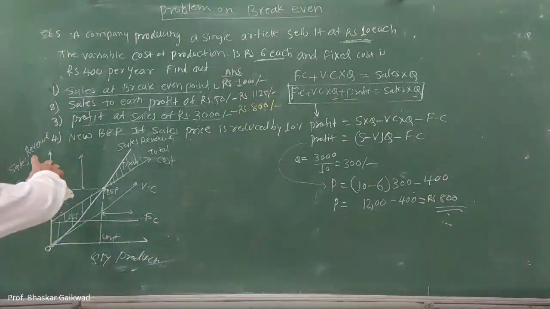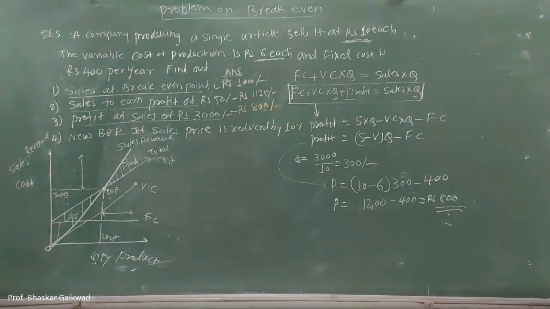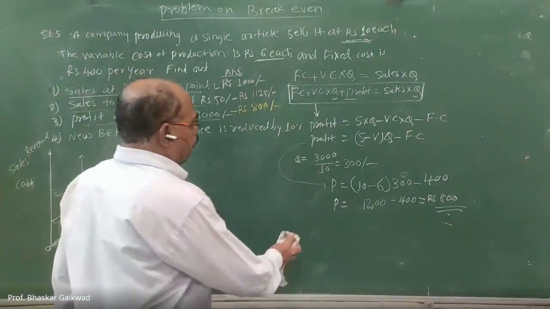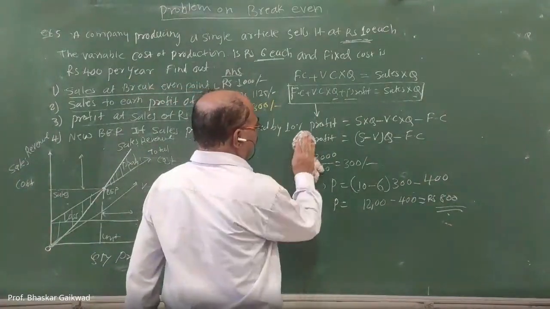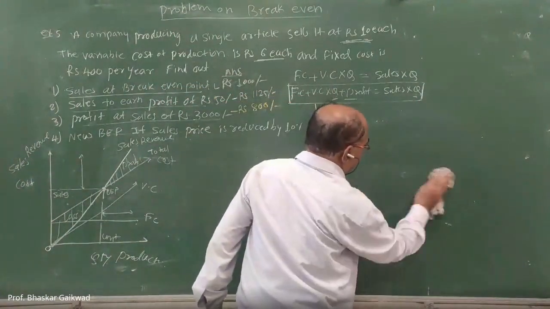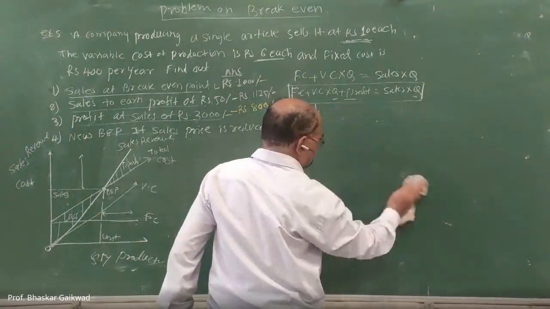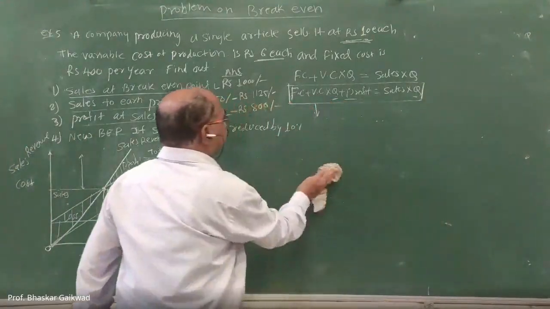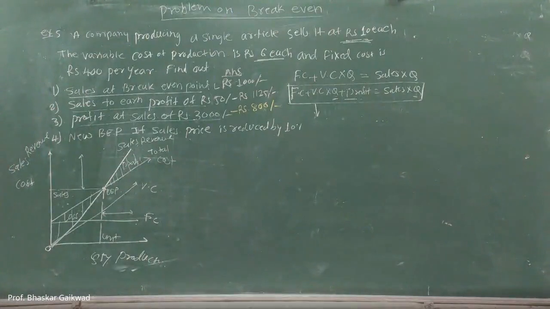So point number 4, by using the same equations. Calculate the new break even if the sale price is reduced by 10% of the original.